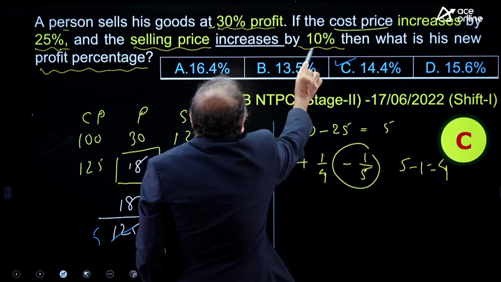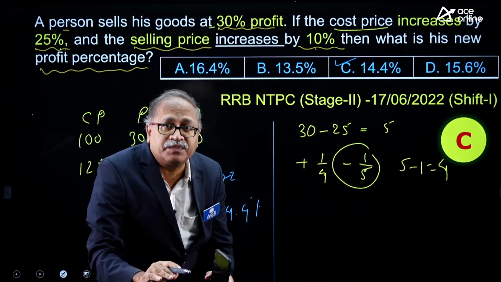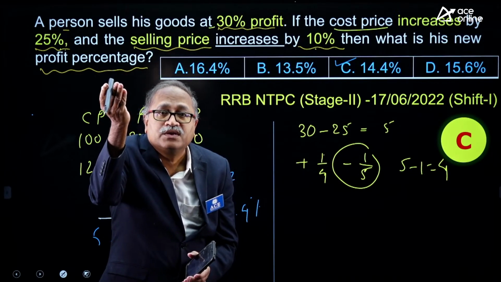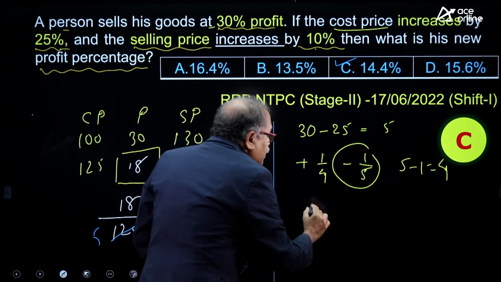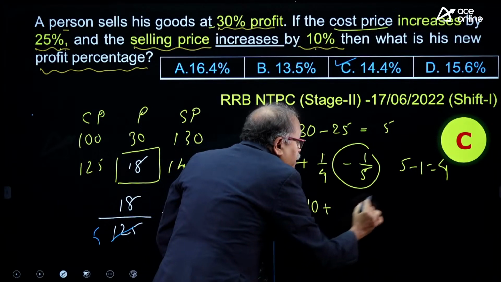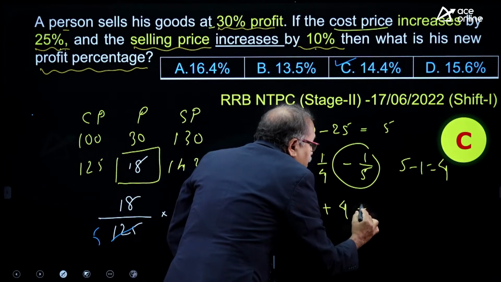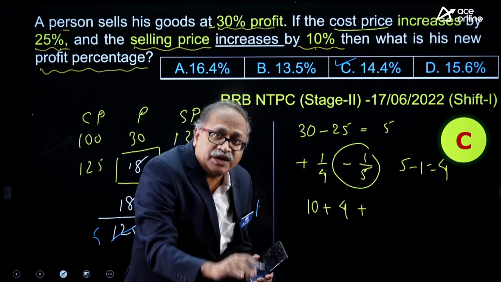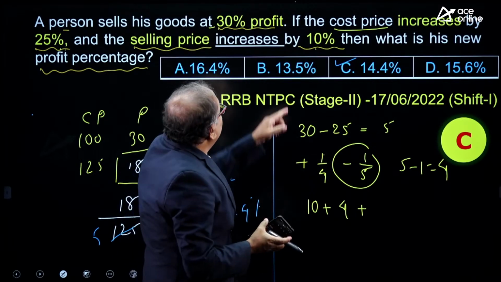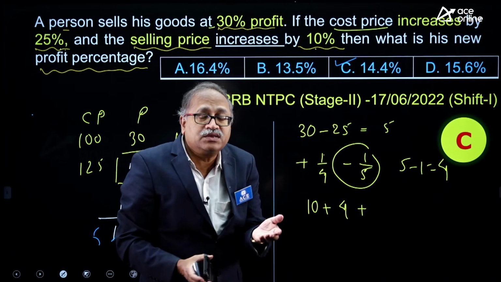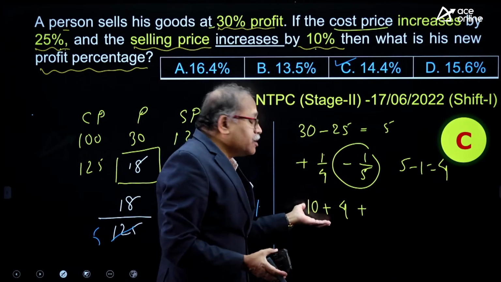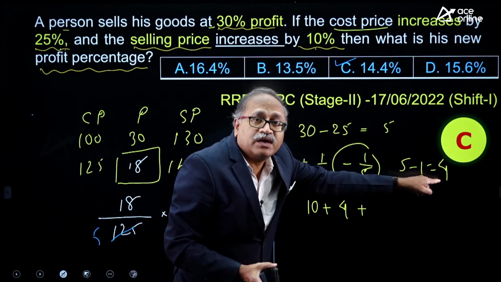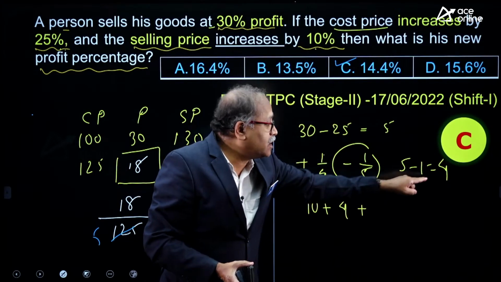And as the selling price is increased by 10%, the profit will increase by 10%. So what is my profit here? It is 10% plus this 4% plus the 10% of this 4%. Because when the selling price is increasing, it increases the profit by the same percentage, and also on the previous profit, which is 4.